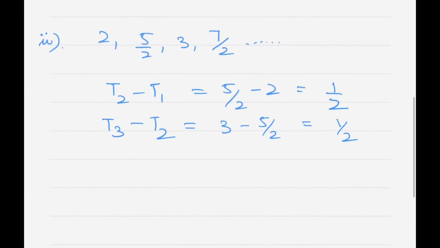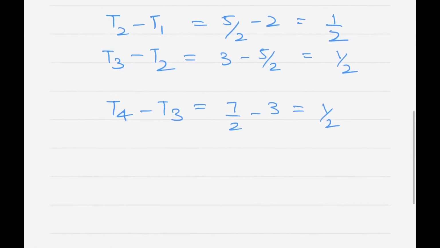Again I get half. Now T4 minus T3 will be equal to 7 by 2 minus 3. This is 3.5 minus 3, and if we subtract then I get half again. So here I can see that all my common differences are the same, correct?